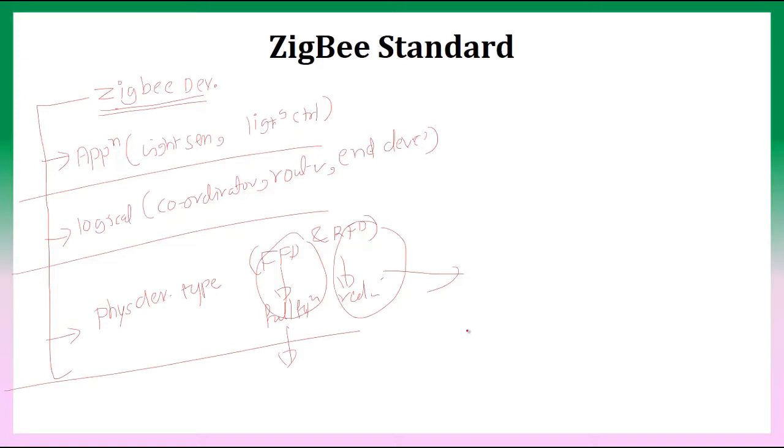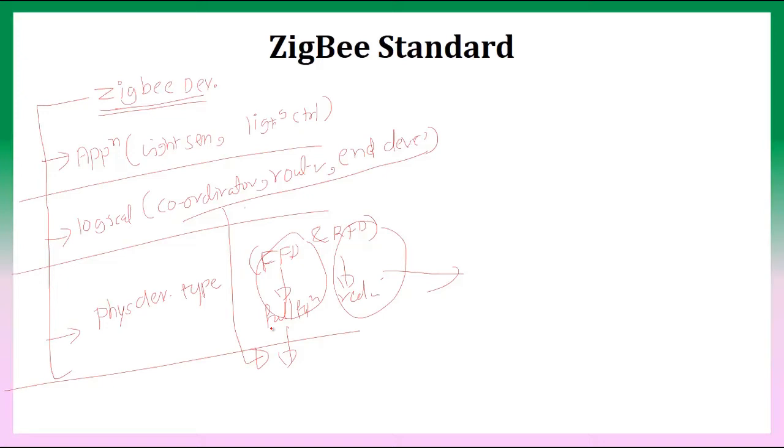So what we could write: for FFD, I think it's visible, yes. FFD plays the role of your coordinator, router, and your end device.